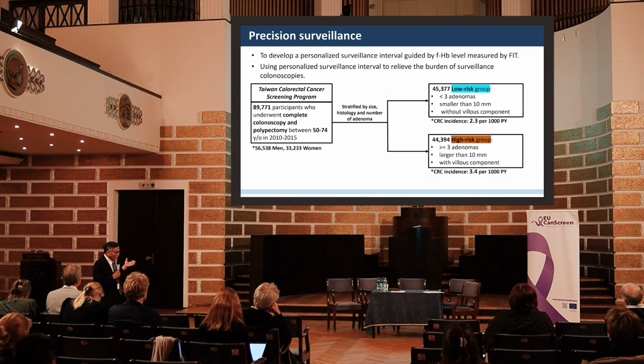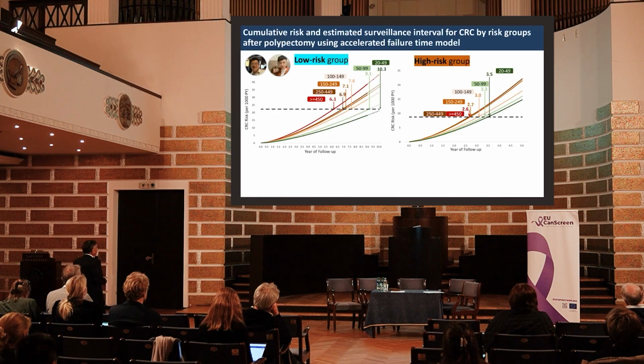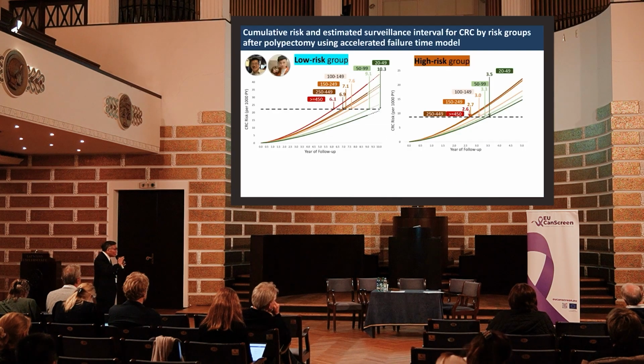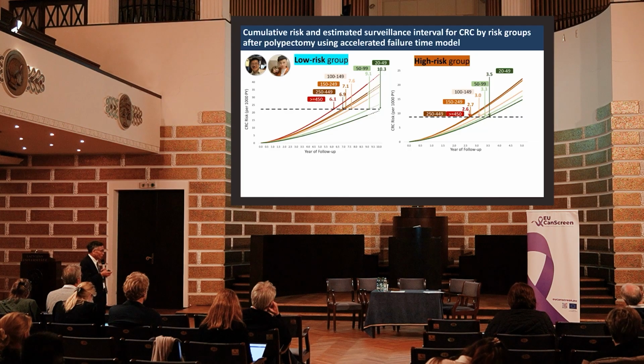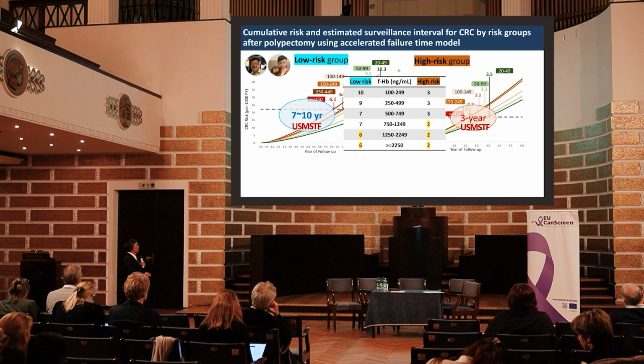So I used our data, about 80,000 people with complete colonoscopy and polypectomy, to look at the low risk and high risk groups. Using the same criteria I already mentioned, you can develop a longer interval for the low risk group and the low concentration, and a shorter interval for the high concentration, by low risk and high risk group.